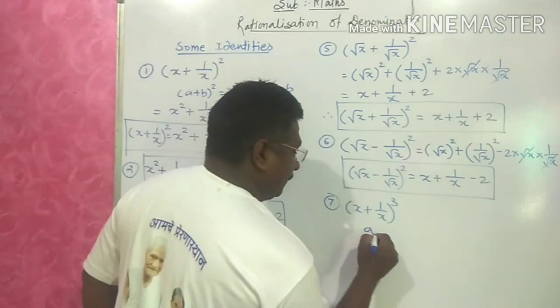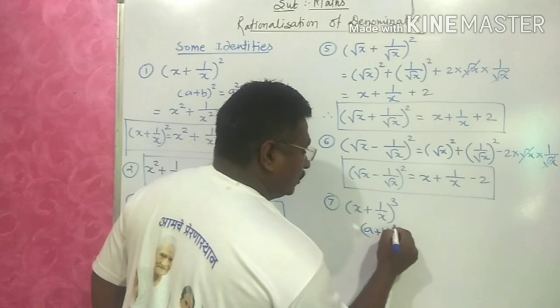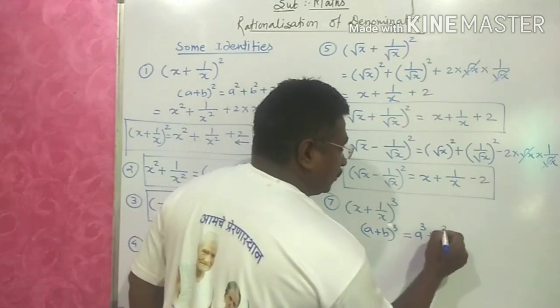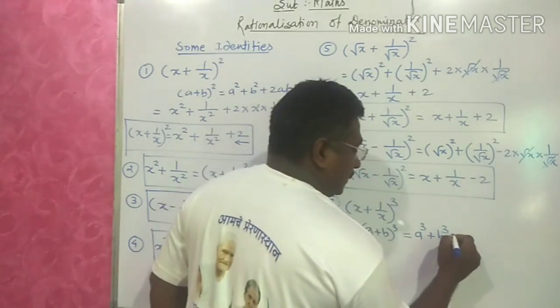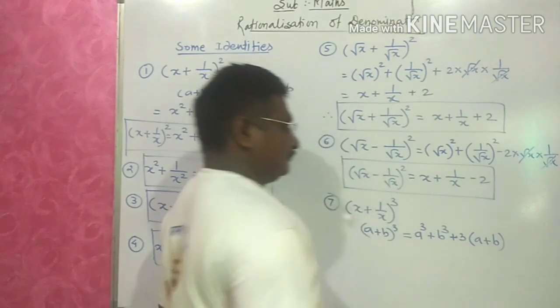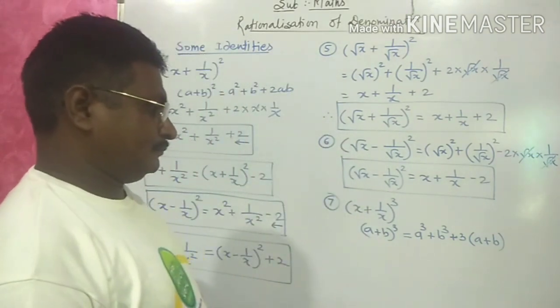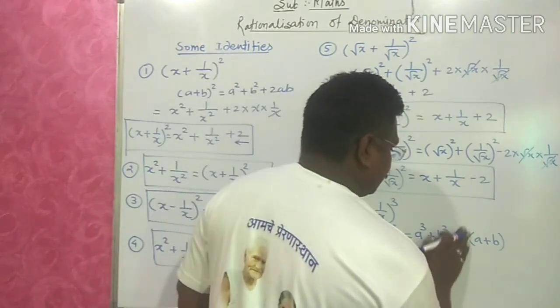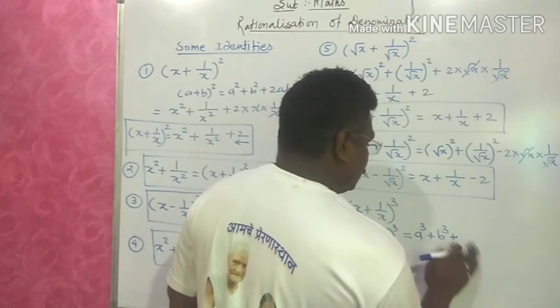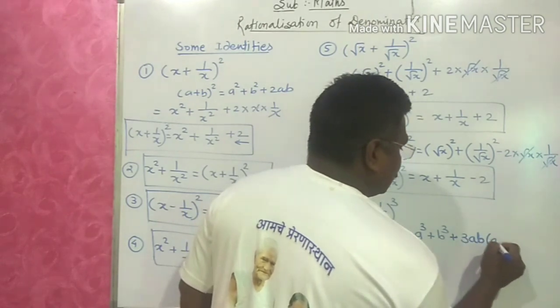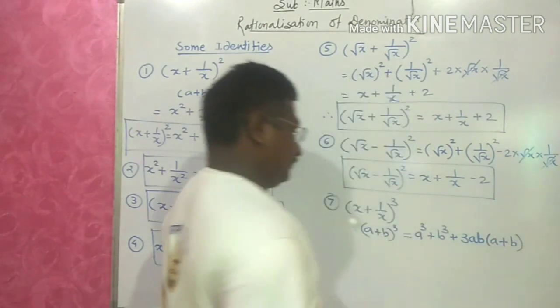So a plus b whole cube equals a cube plus b cube plus 3ab into a plus b.